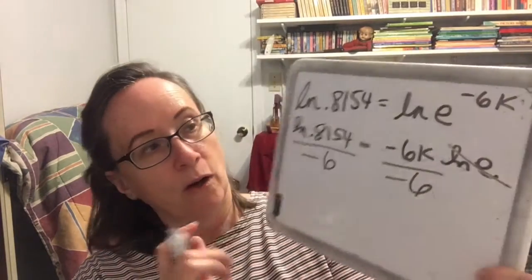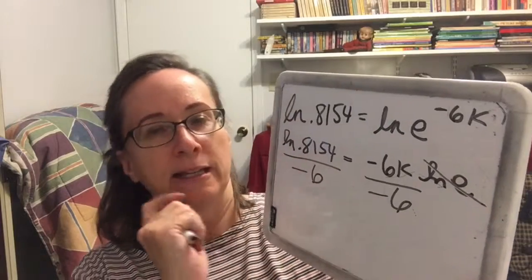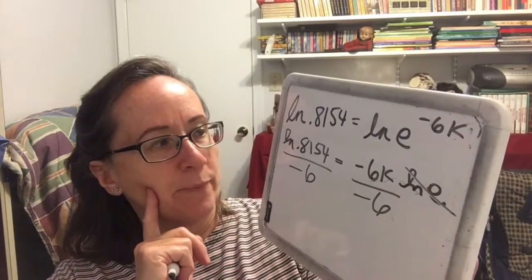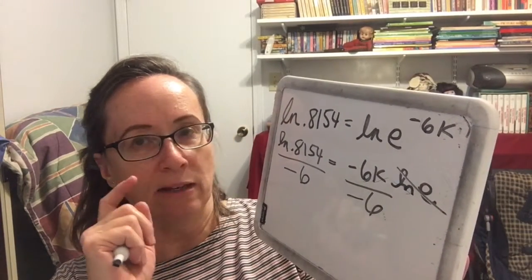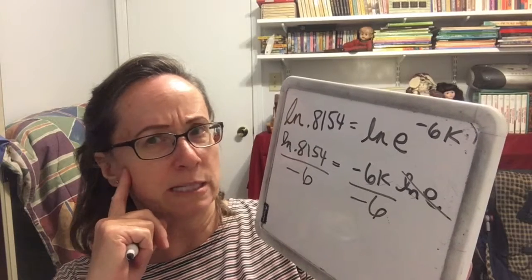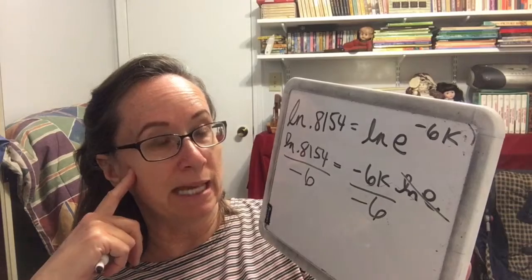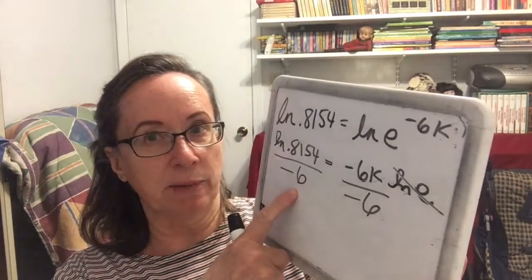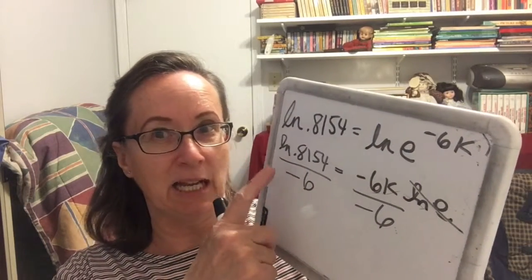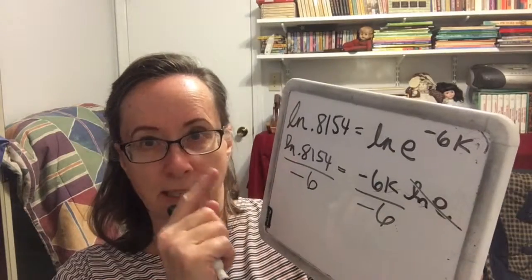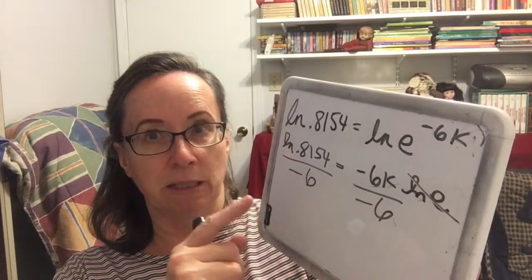Now, what do we know? Let's think about this for a minute. The natural log of 0.8154, what do you expect that number to be? I expect that number to be negative, not because I'm dividing by negative 6, but because any log of a number between 0 and 1 is going to be negative.